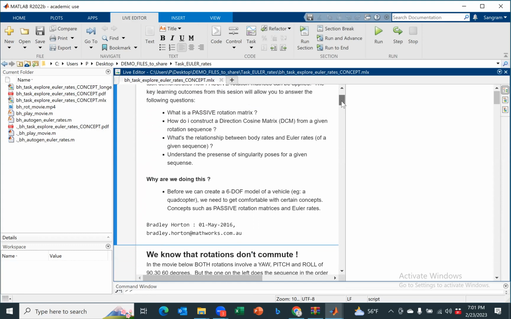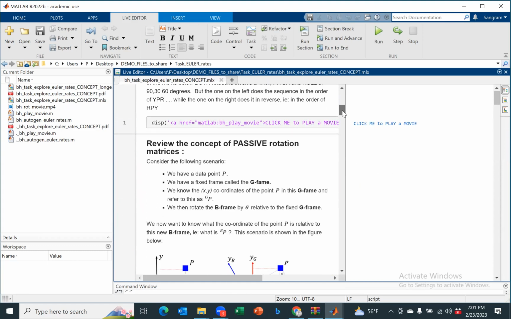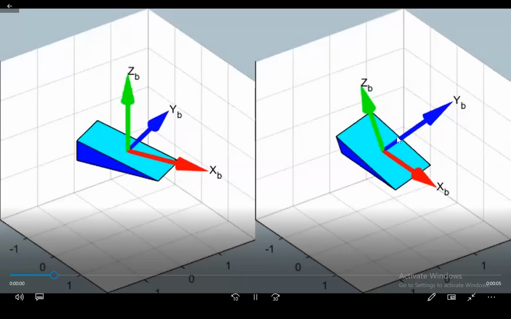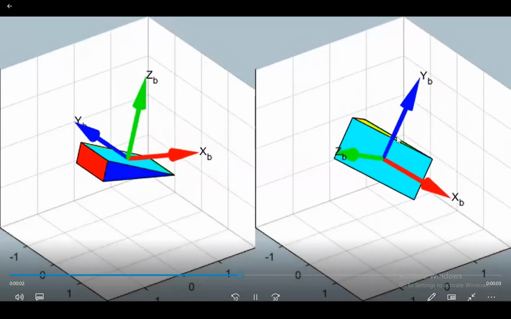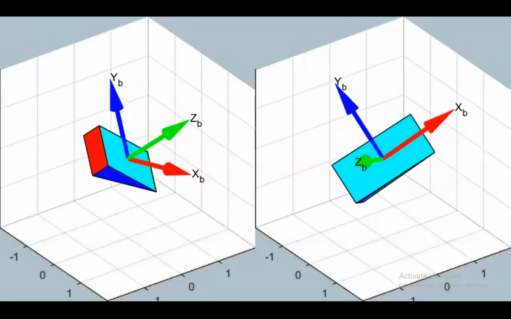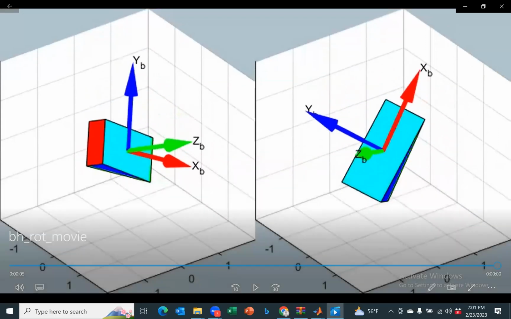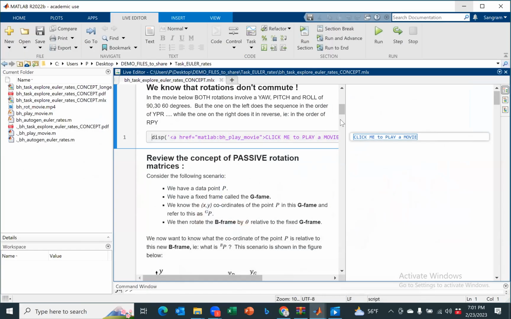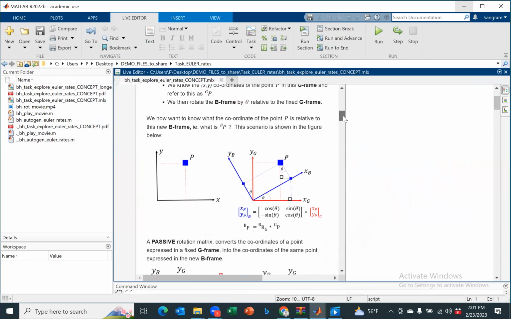But I want you to go through all these. And if you want to see the actual movie, there is a nice movie that will be played showing why the large rotations are not commutative. If you change it to small rotations, you will see that the rotations are commutative. And then you can actually go through that.